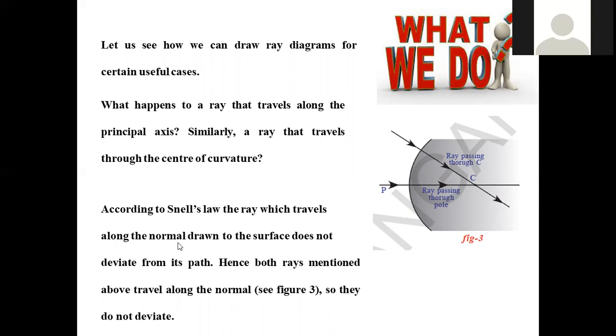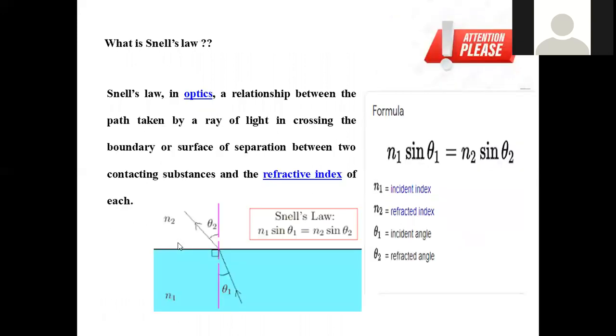Let us discuss what is meant by Snell's law. Snell's law purely belongs to optics. Optics is the branch of science where properties of light are discussed. In optics, the relationship between the path taken by the light ray and also the angle taken by that light ray is discussed.